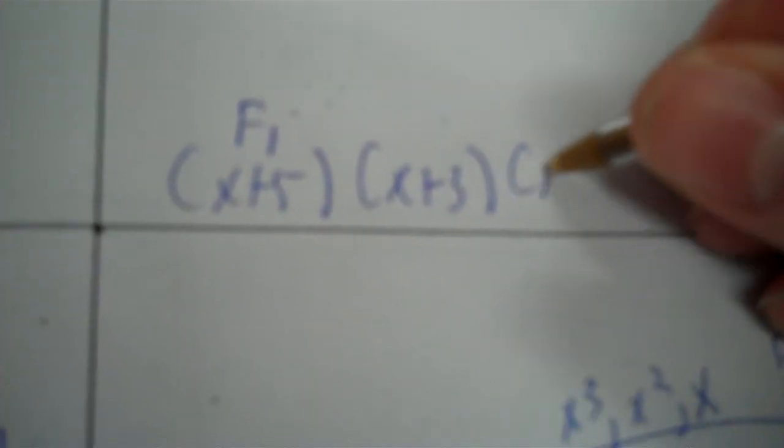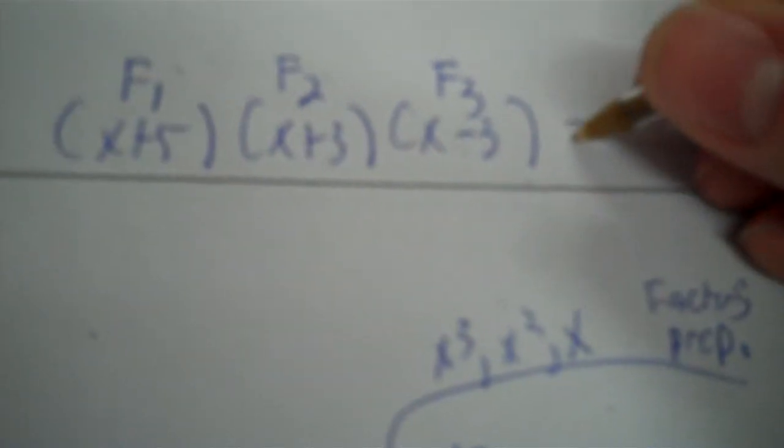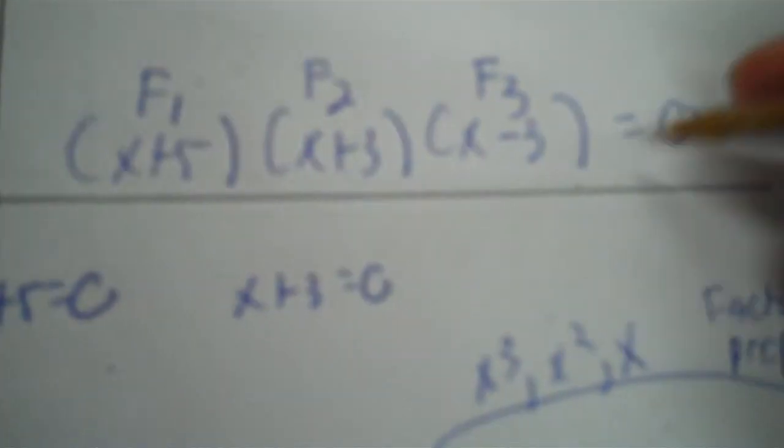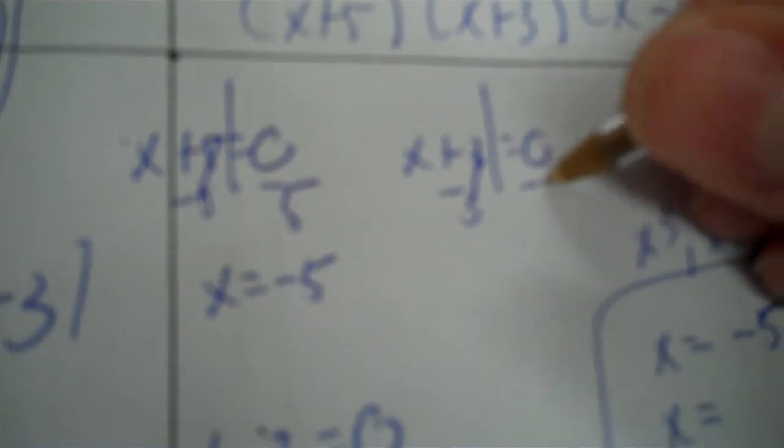So then you put x plus 3, x minus 3. Then you solve it. So minus 5, you get negative 5. Minus 3, you get negative 3. Plus 3, you get positive 3.